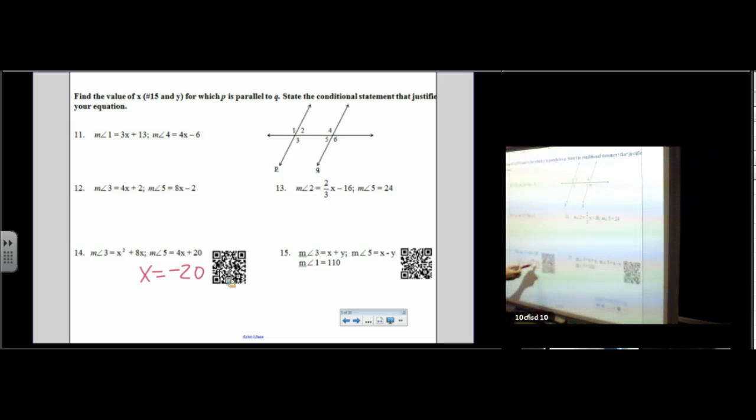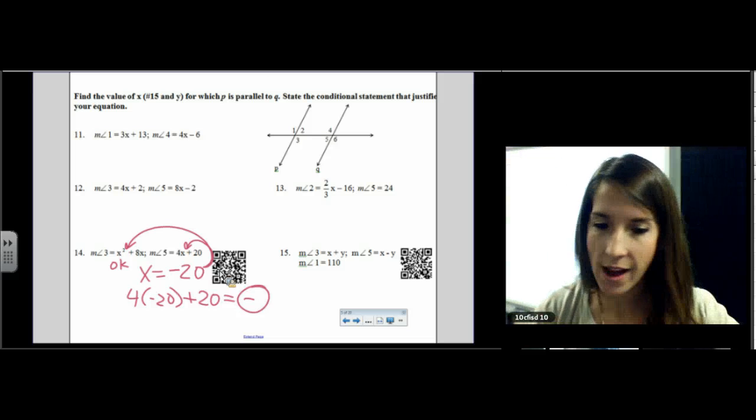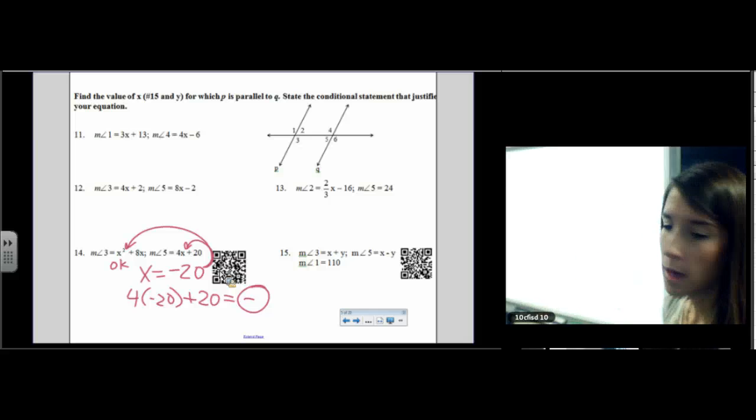If you plug negative 20 in here, you're okay, right? But if you plug negative 20 in here, 4 times negative 20 plus 20, that's going to get you a negative number. And we already learned that we don't have negative angles in this class. So that's why. Okay?